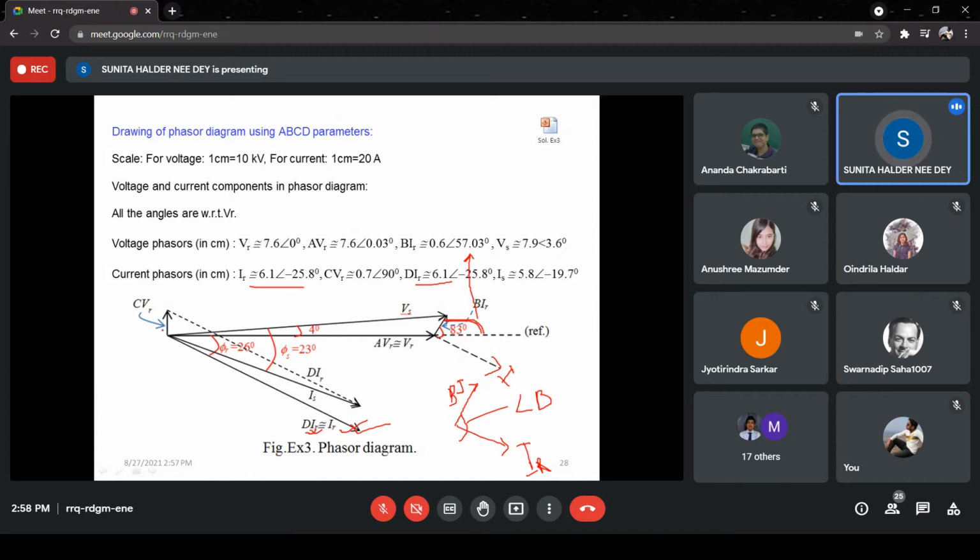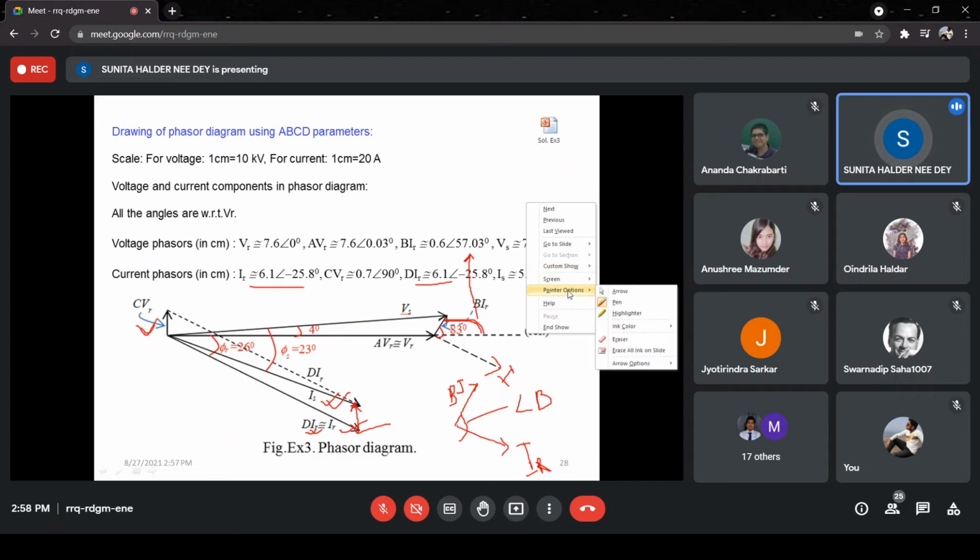Along with it we shall add CVR. If we add CVR here, then the resultant will be IS. In this way, we can draw the phasor diagram. In the phasor diagram, you should show all the components of that phasor diagram.